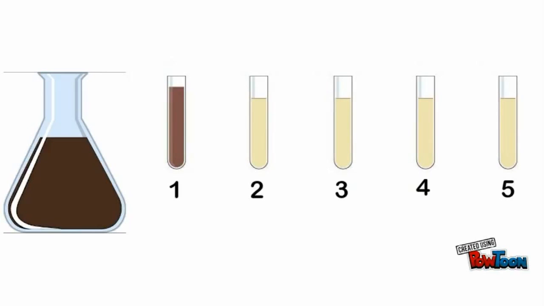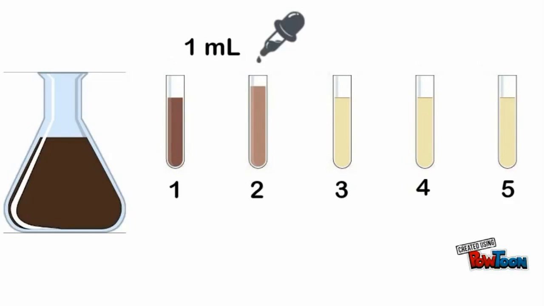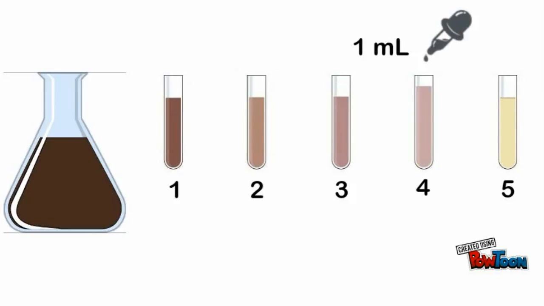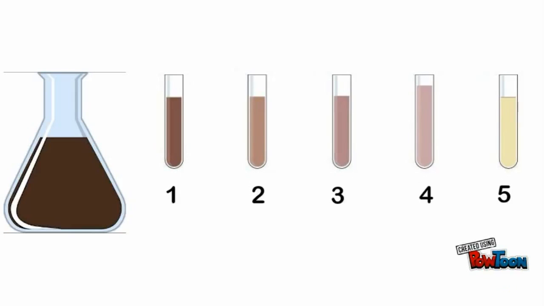From test tube 1, acquire 1 ml of the aliquot and mix with the diluent in test tube 2. And from test tube 2, get again 1 ml of aliquot and mix with the diluent in test tube 3. This procedure is repeated for test tubes 3, 4, and 5.